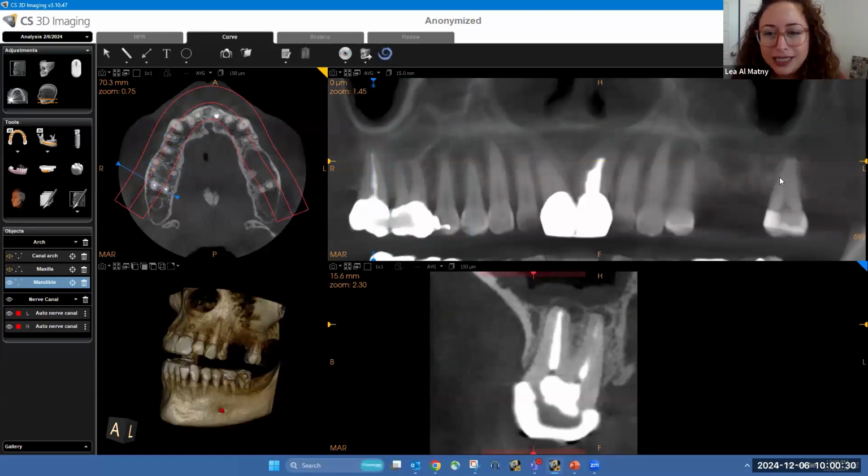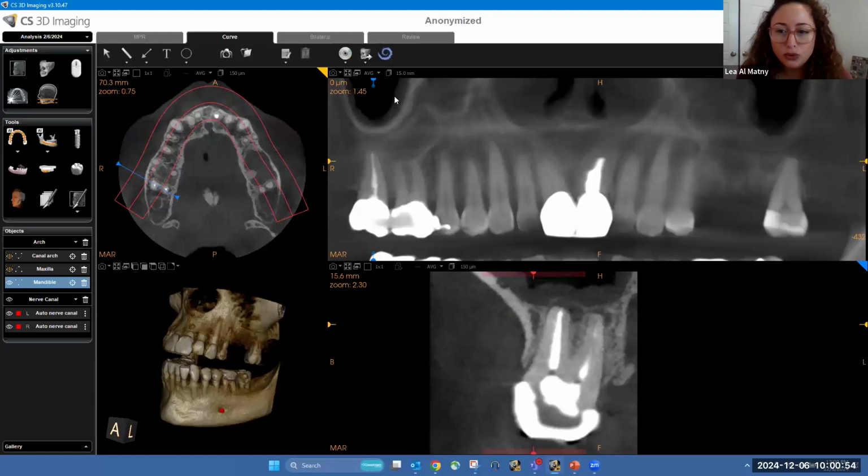And you can see that the purpose of the scan, why it was taken, was to see if there's enough bone volume in those two edentulous sites to place an implant, or if they need to place graft material first.